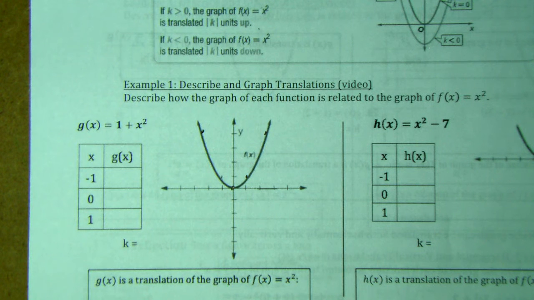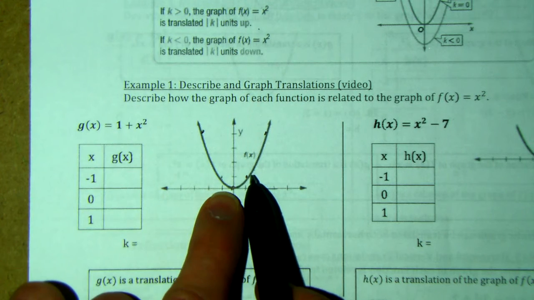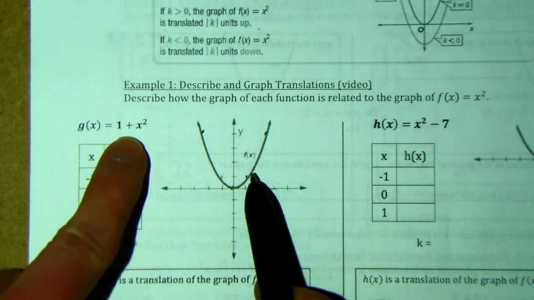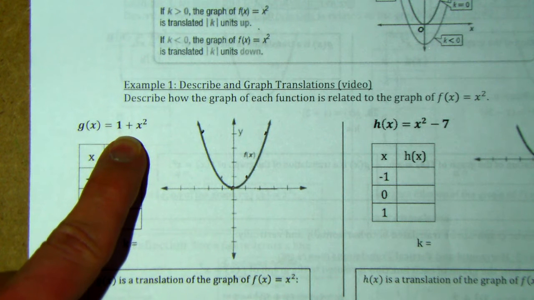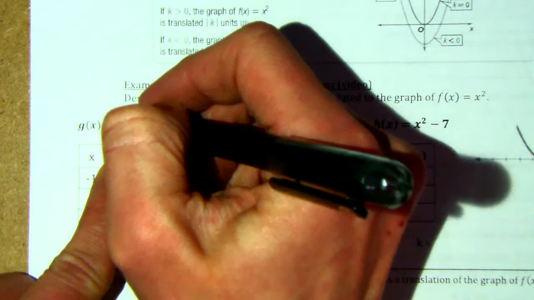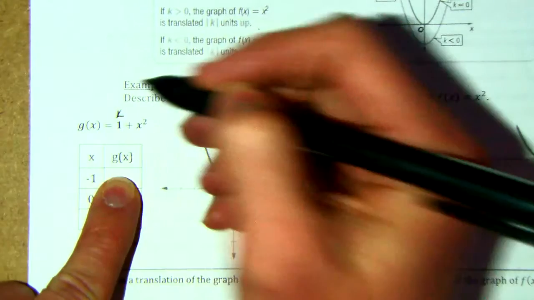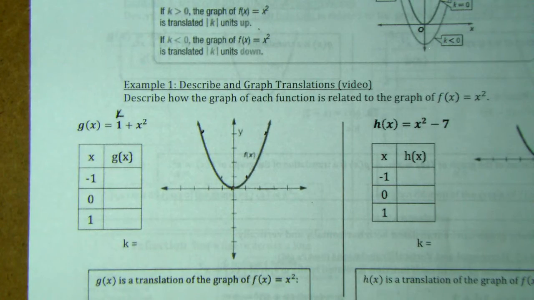Starting with adding or subtracting a number. If you are just adding or subtracting a number, we reference that as k. So this is a k, and in this case, k would be a positive 1. That's what we're adding to our function. And that moves it. Let's see how it moves it. If I plug in negative 1, what's negative 1 squared? And if I add 1 to it? 2.